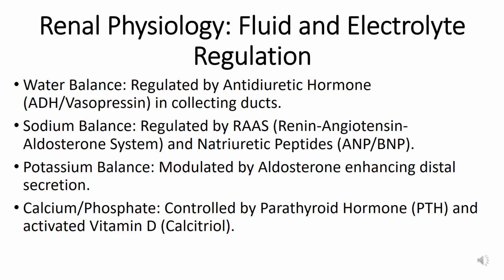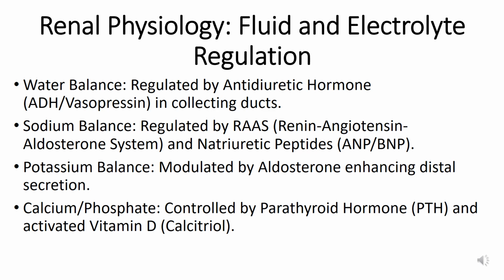Calcium and phosphate balance are also tightly regulated. These minerals are essential for healthy bones and normal cellular function. Parathyroid hormone, or PTH, is a major regulator. When blood calcium levels fall, parathyroid hormone secretion increases. Parathyroid hormone promotes calcium reabsorption by the kidneys. It also increases phosphate excretion.